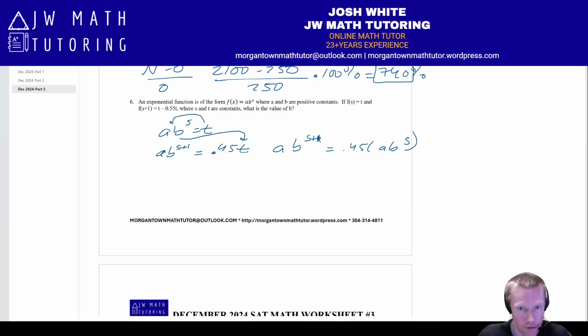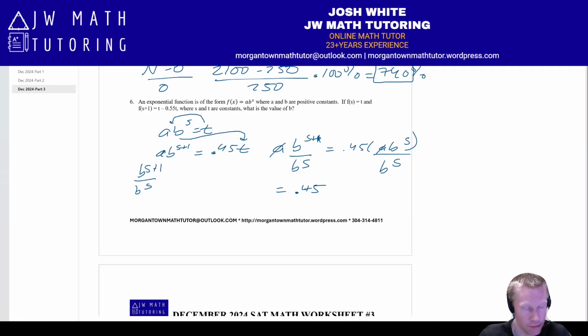So a couple things. First of all, we can divide by the a and cancel them out. And you can also technically divide by b to the s on both sides. So on the right side, you get 0.45. On the left side, you have b to the s plus 1 over b to the s.